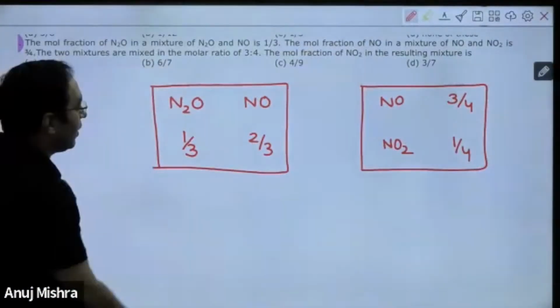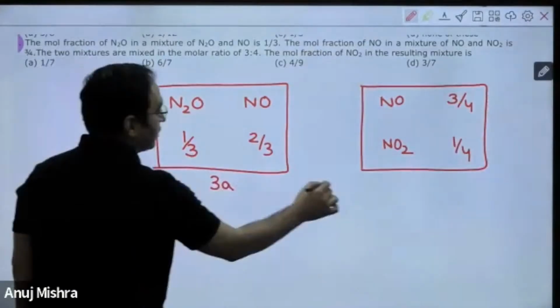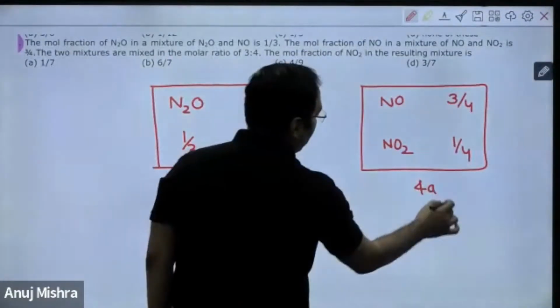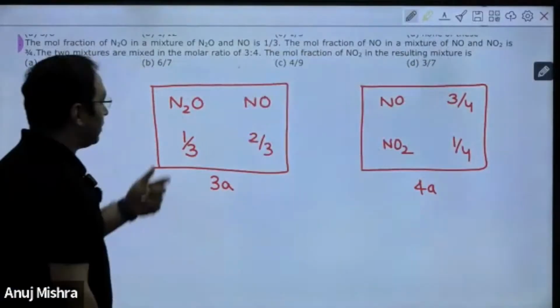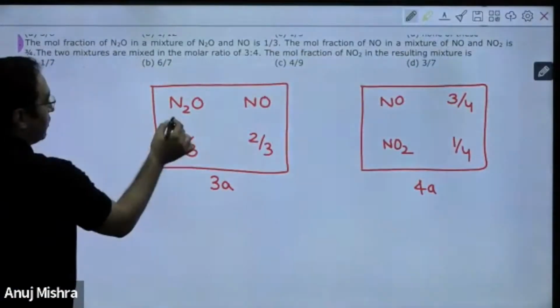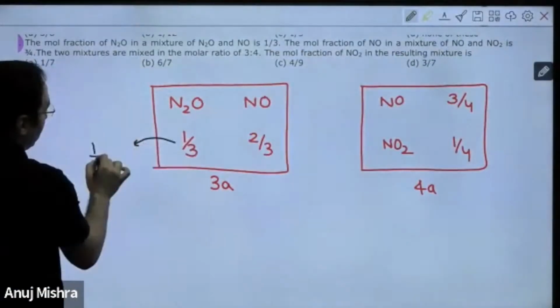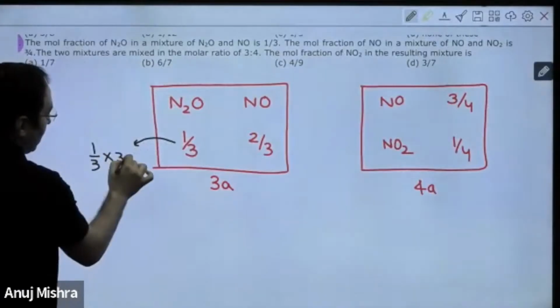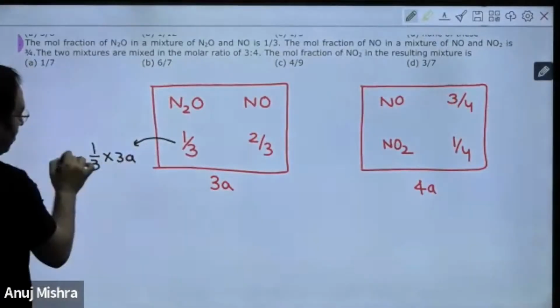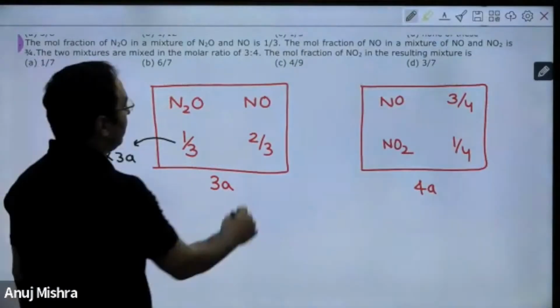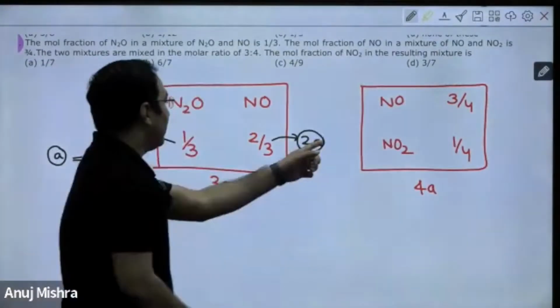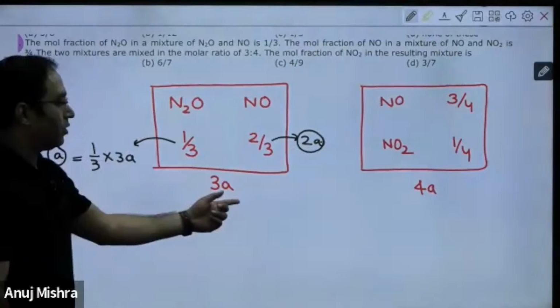Shreyash, tell me, if I assume 3 moles of this, how many moles of this I'm using? Very good. Now, can you please tell me, if you're using total 3 moles of it, and this is 1/3, how many actual moles are there for it? 1/3 of 3, कितना होता है? A moles of this compound. 2/3 of 3A, 2A moles. 2A plus A कितना हो गया? 3A. तो ये breakup समझ में आ गया.